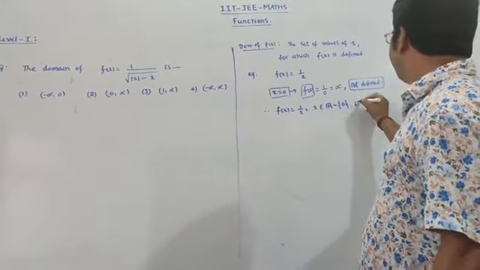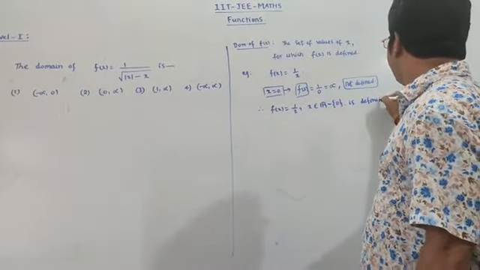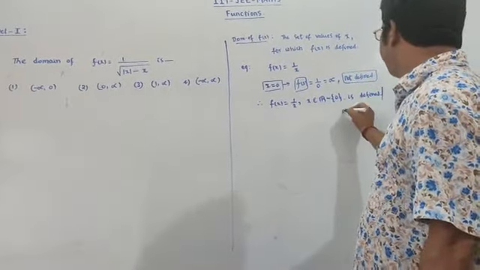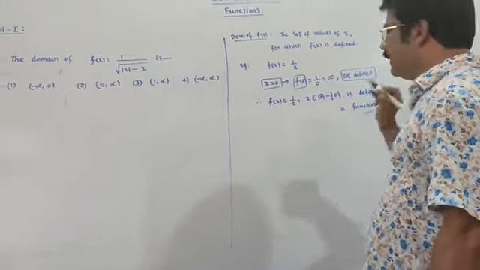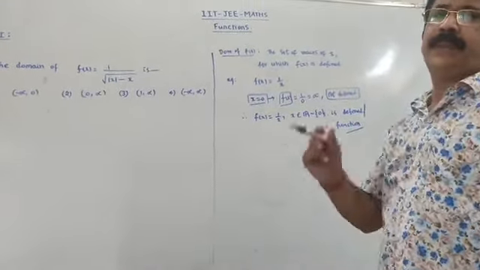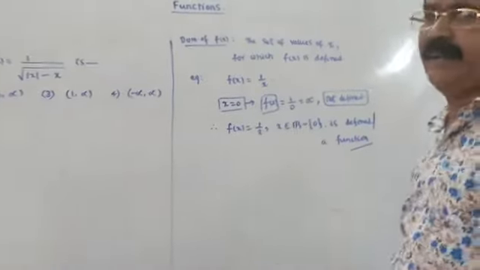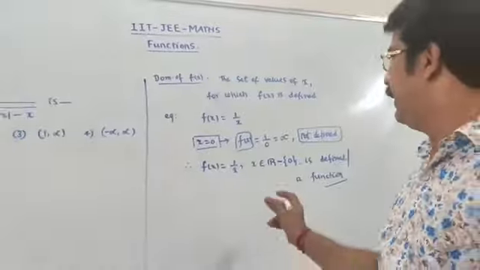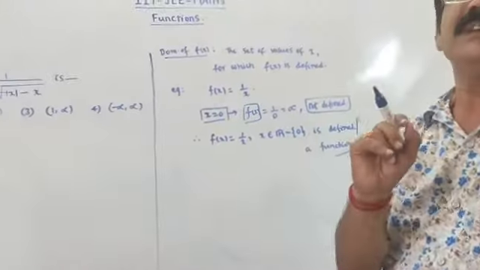F of x is a function or is defined. This is the correct manner of defining the given curve or function f of x equals to 1 by x. Whatever the equation you write, you must say something about x.